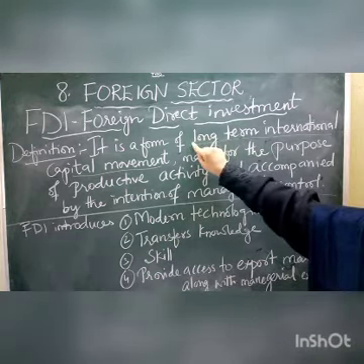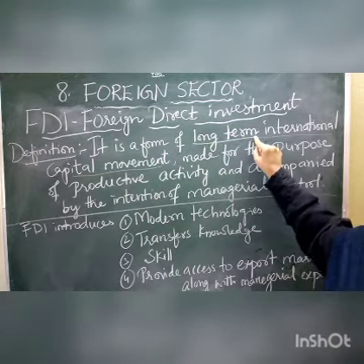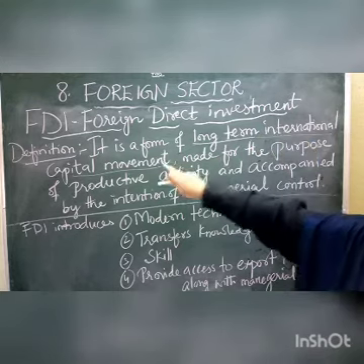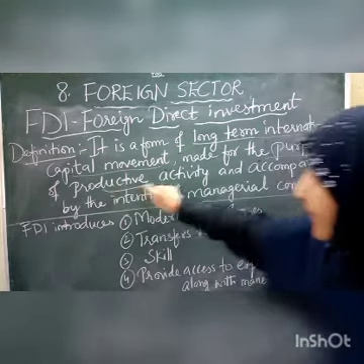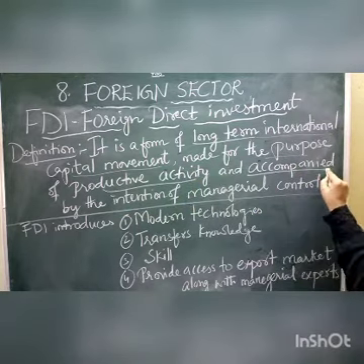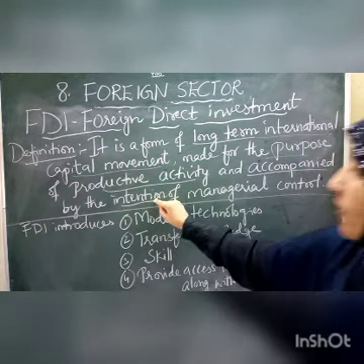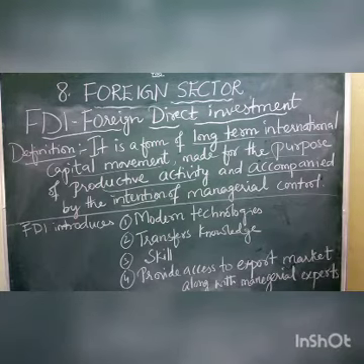So investment is there, but which term, children? Long term. That means for a long period of time, an international capital movement made for the purpose of productive activity and accomplished by intention of managerial control. So easily we can understand the definition, children.